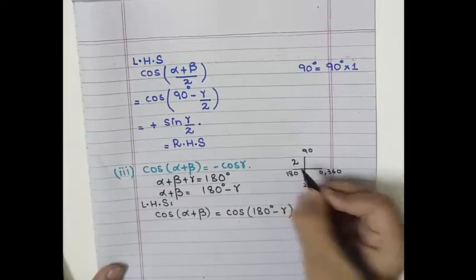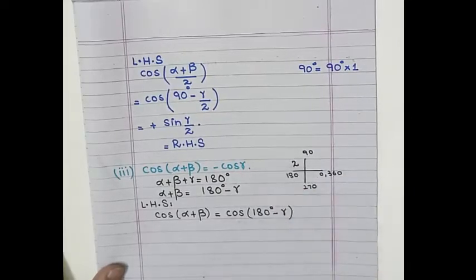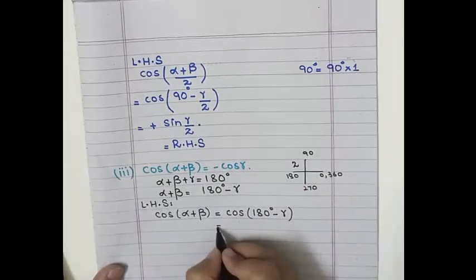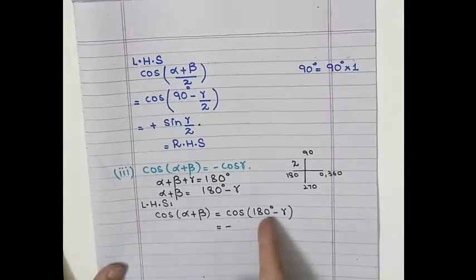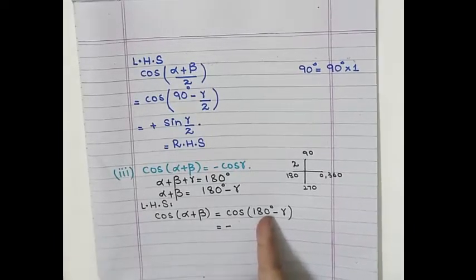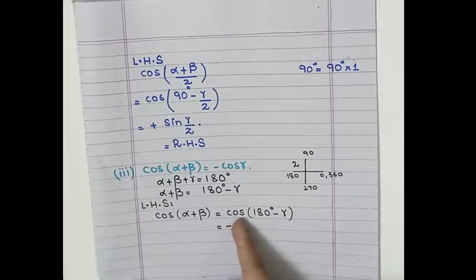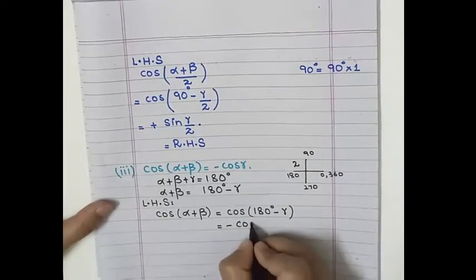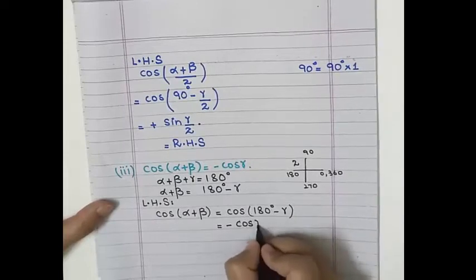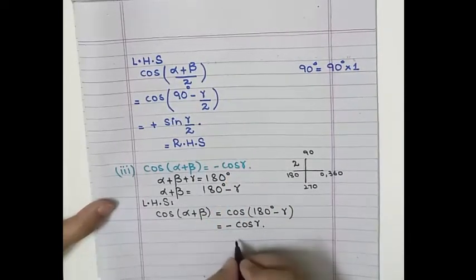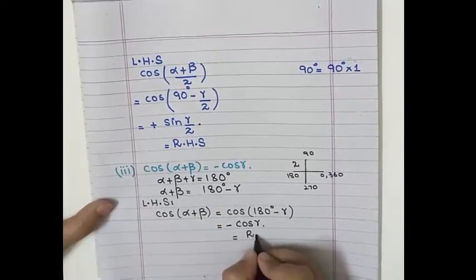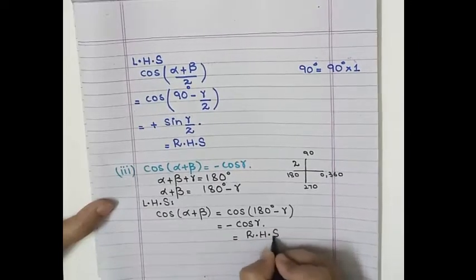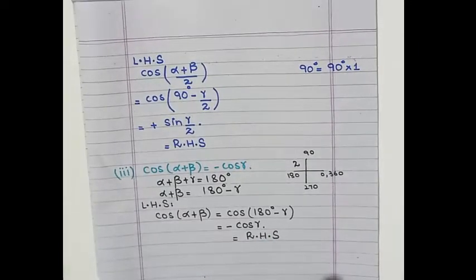It means second quadrant. In the second quadrant, the value of cos is negative. And 180 being an even multiple of 90 degrees will not change the cos into its co-ratio, which is sine. So cos will be written as it is with its angle gamma, which is the right hand side, minus cos gamma. So all of these proofs use the same technique and they are very easy.